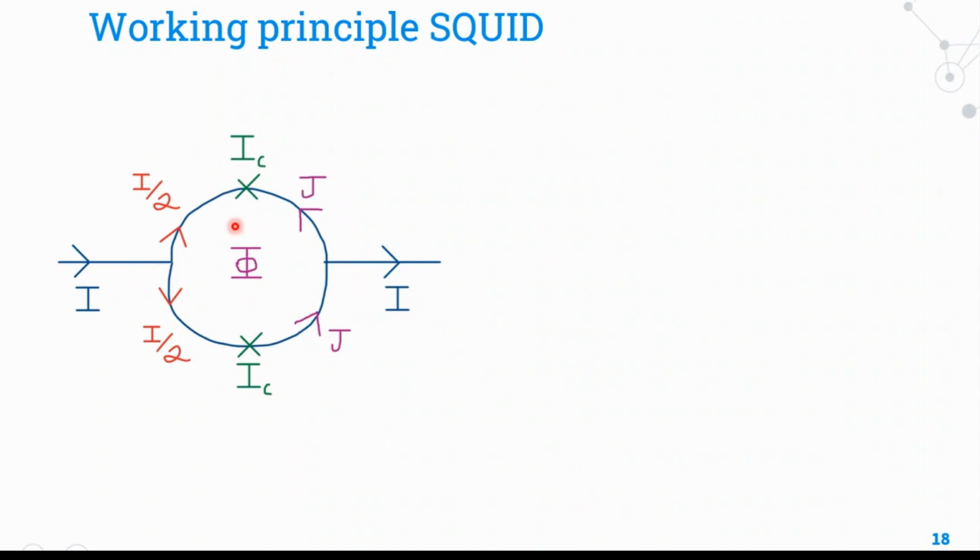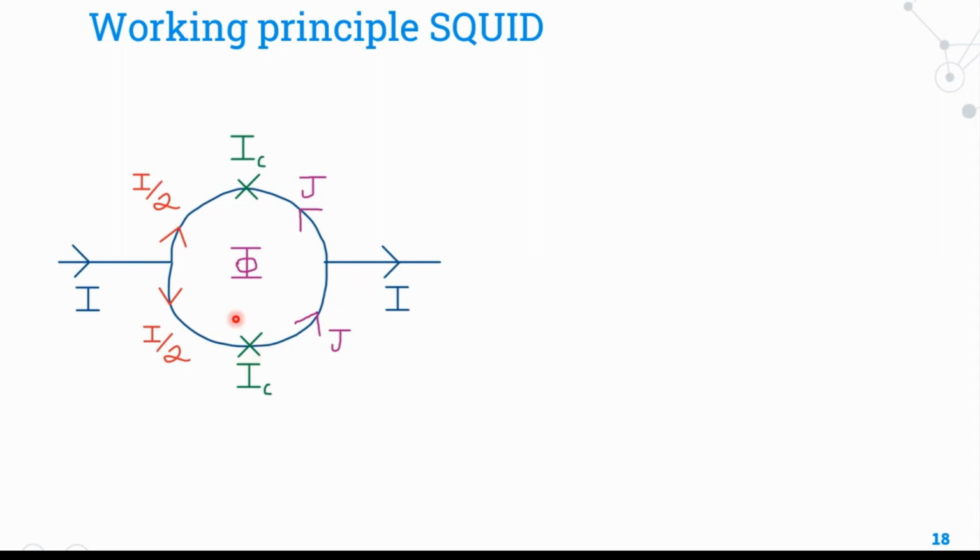IC is the critical current of this Josephson junction, and if we apply the current over here, it will split into I by 2 and I by 2. It will go over here and over here.